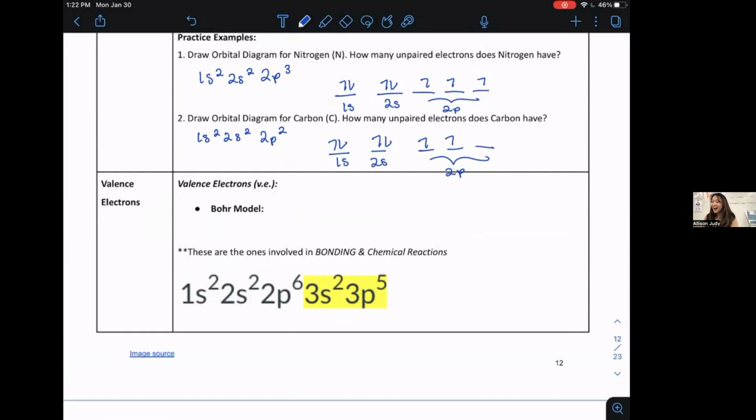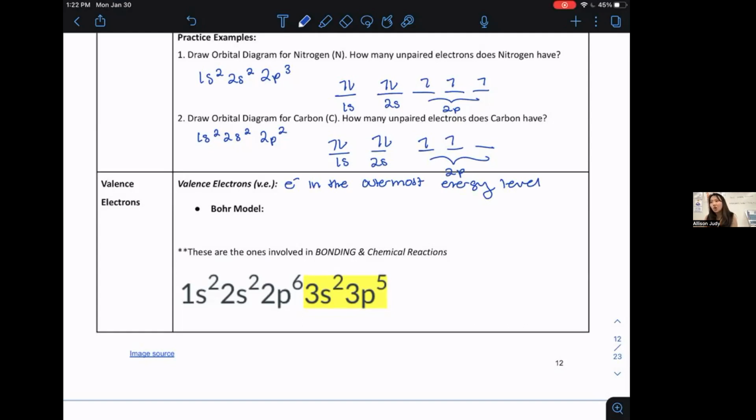So how do we understand valence electrons? I keep on mentioning these. They're super important. They're radically important, actually. They are the electrons in the outermost energy level. Now, it's the outermost filled energy level, one that has electrons in it, because technically the outermost energy level for everybody is 7.